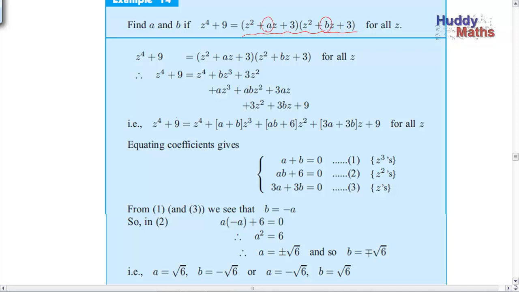Now, how many need to be undetermined? Well, z squared by z squared will give z to the fourth, and factors of 9 are 3 and 3. So we're going to cheat a bit and put those in and say, is it possible to create two quadratic factors with the same constant on the end and just differing z terms?